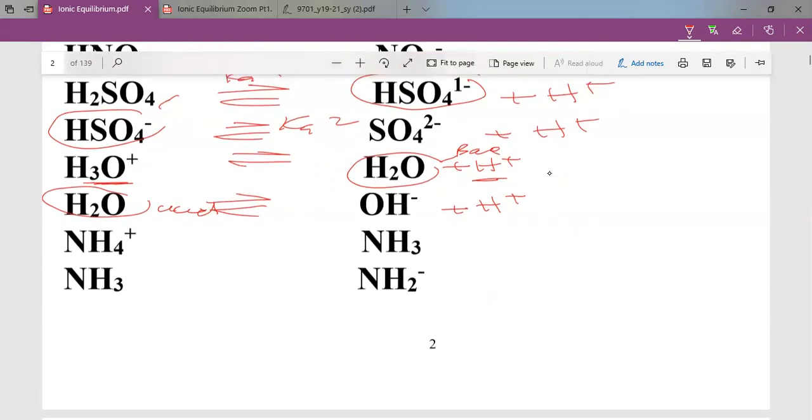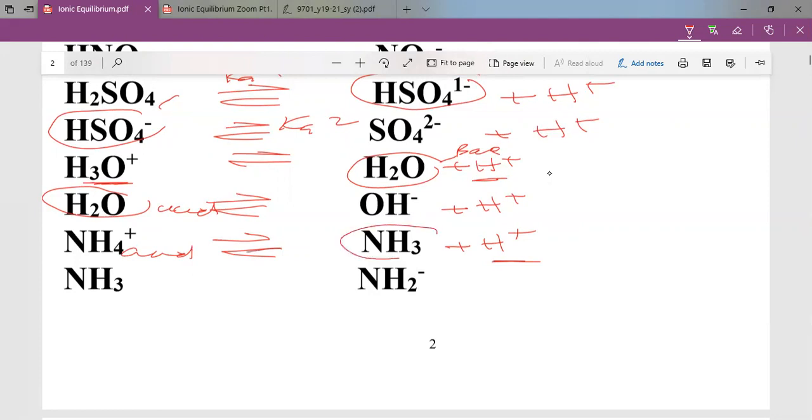Same thing with the ammonium ion. If this equation goes forward, it gives plus H plus. So ammonium salts are acidic. Why? It is an acid, a proton donor. Right? Now this can also go backwards here.